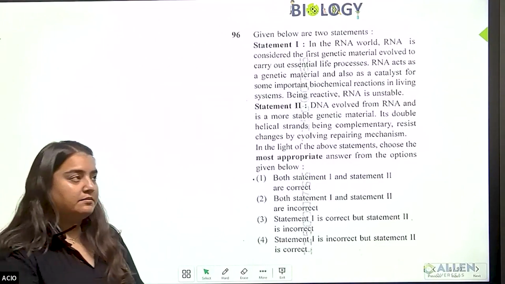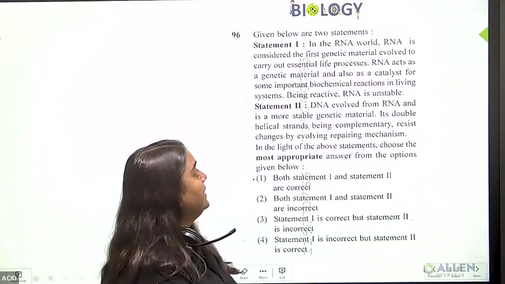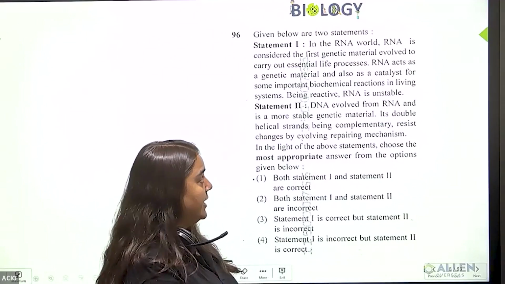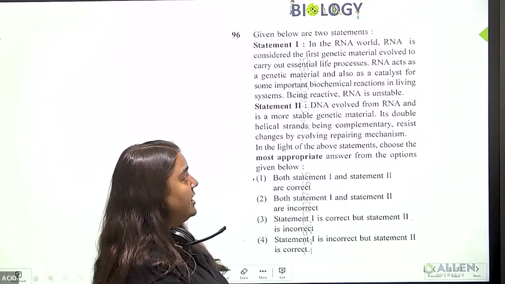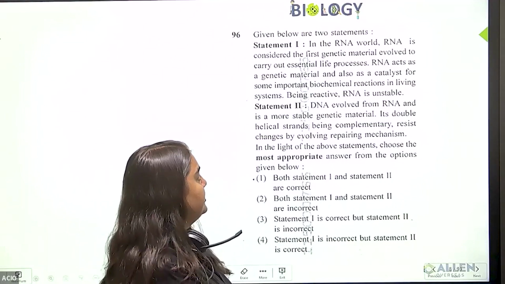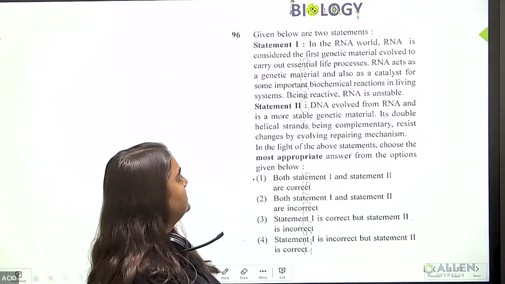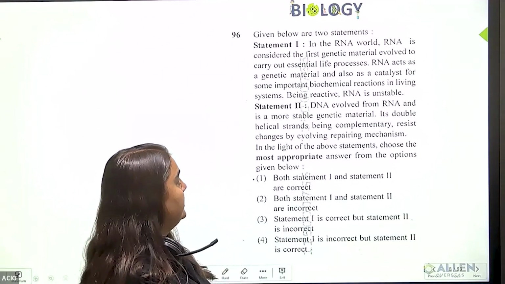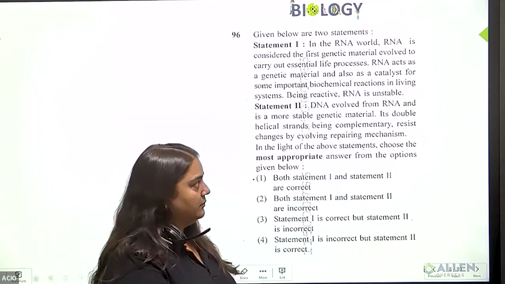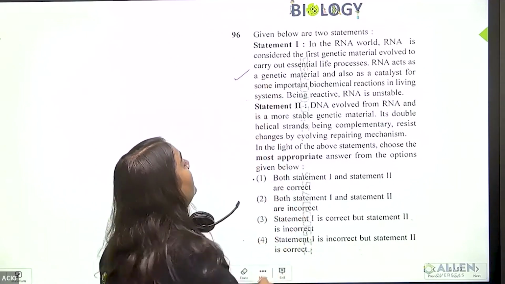Let's read out the statements. First, in the RNA world, RNA is considered the first genetic material. It evolved to carry out essential life processes: RNA acts as genetic material and also as a catalyst for some important biochemical reactions in living systems, being reactive and chemically unstable. Perfectly correct statement.